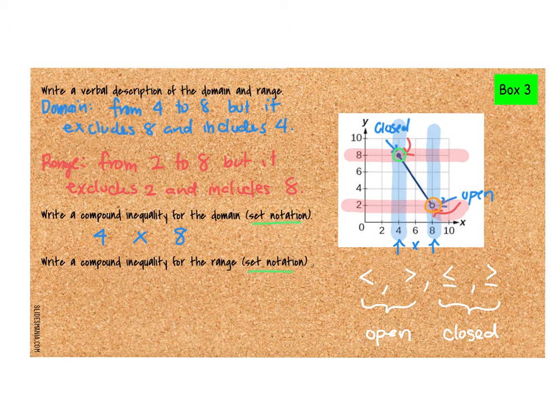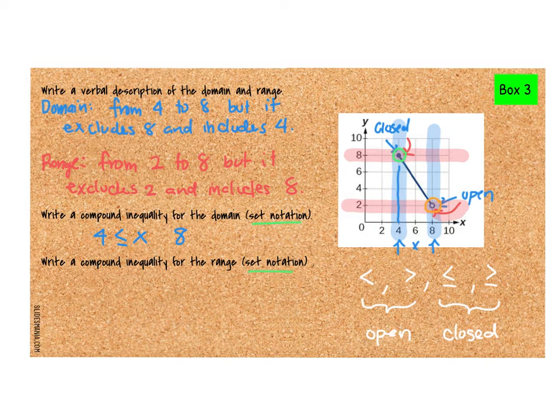Now, on the 4, if I go to the 4, what kind of circle do we have? We have a closed circle, right? Therefore, I'm going to be using my less than or equal to. X has to be bigger than 4 because X is in between 4 and 8, so that is going to be less than or equal to. Okay?